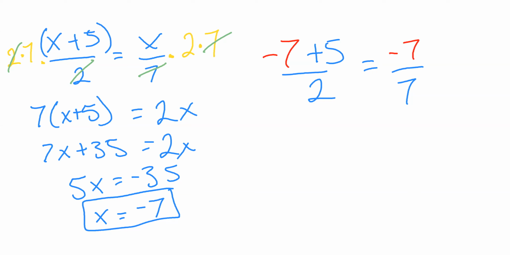So what does this give us? -7 plus 5 is -2 over 2. And -7 over 7 is a -1. -2 over 2 is also -1. So we are good. If x is -7, both sides are equal to each other. That's all we need to check. Let's go on to the next problem.